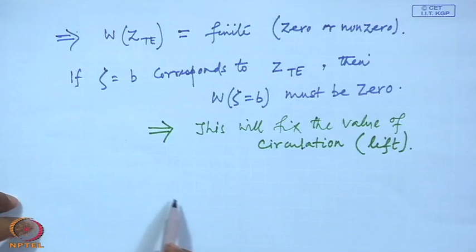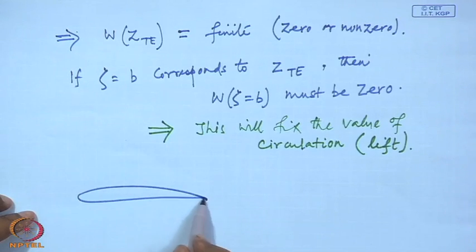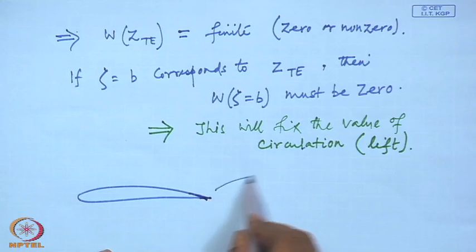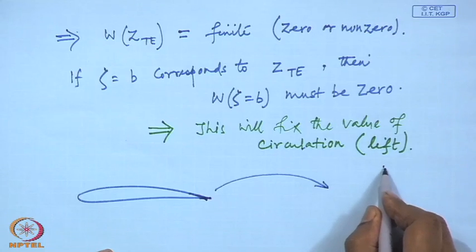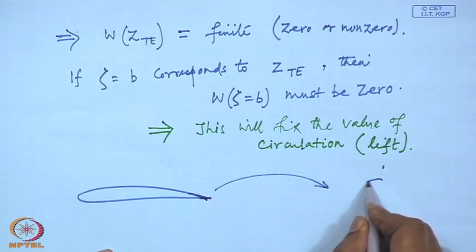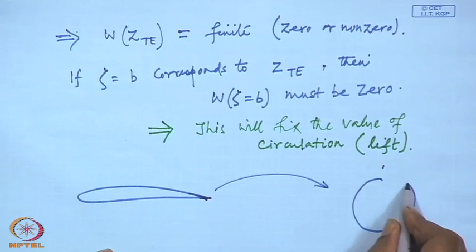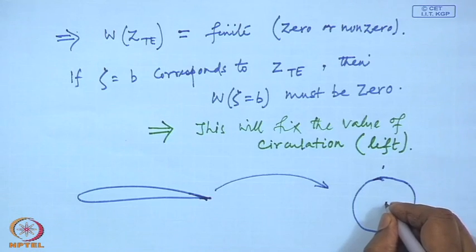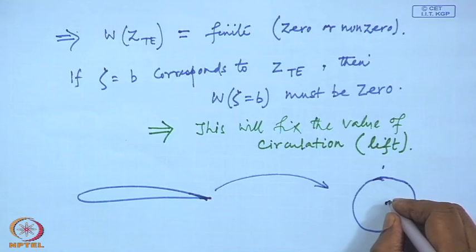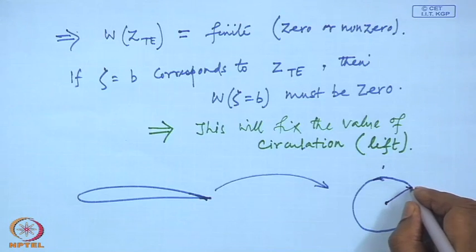Let us consider we have this Zhukovsky airfoil, which is transformed to a circle. So, this is the center of the circle and this is its radius.